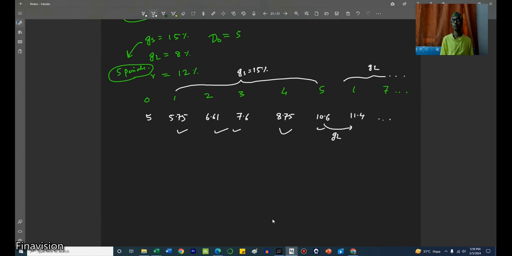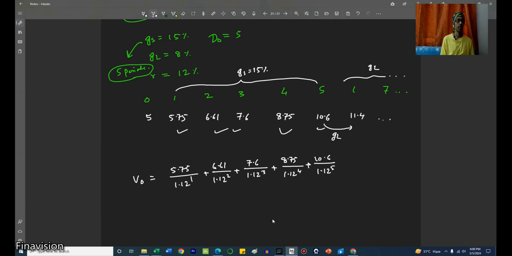How do we do that? 5.75 divided by 1.12 to the power 1 plus 6.61 divided by 1.12 to the power 2 plus 7.6 divided by 1.12 to the power 3 plus 8.75 divided by 1.12 to the power 4 plus 10.6 divided by 1.12 to the power 5 plus, here comes the perpetual portion, right?